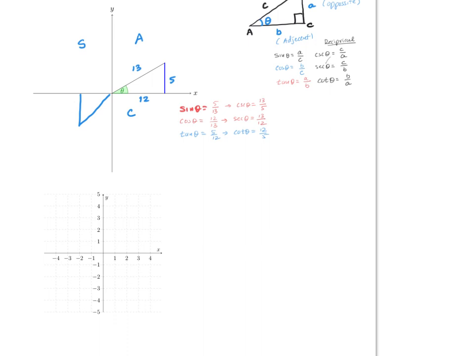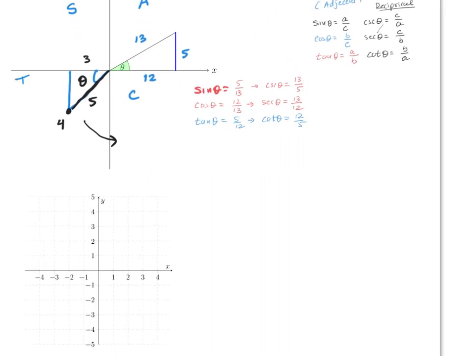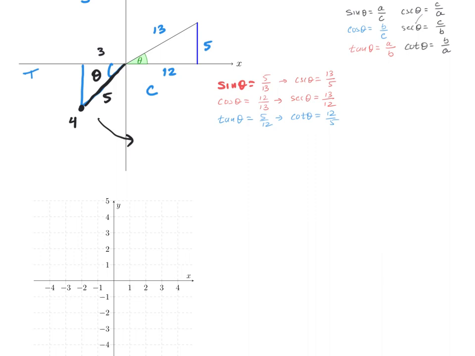Let's say this side, from here to here, is a 3, and this one is 4. So you can use the Pythagorean theorem and check that this is 5. Okay, so now let's say this is the new theta. So you want to find the 6 trigonometric identities for this one.